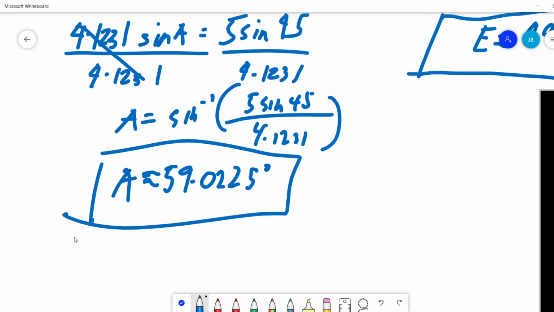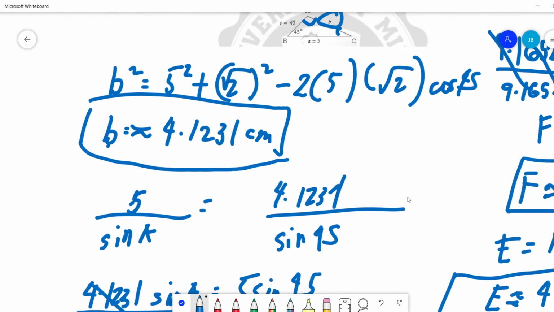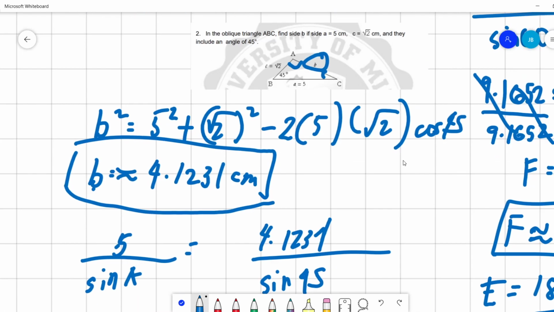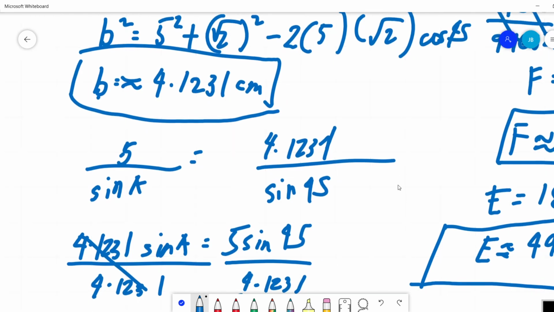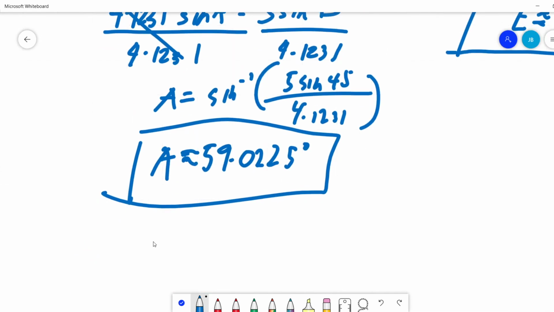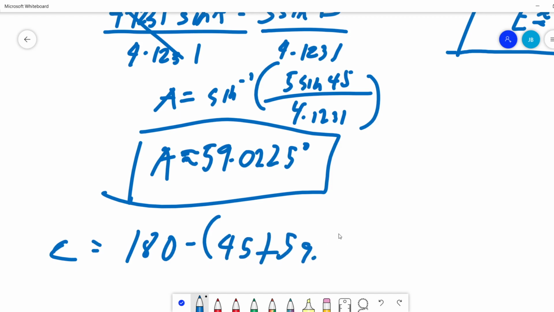So you have angle A and angle C. Angle B is given, so angle C is the missing one. Angle C would be 180 minus 45, which is the angle B, plus angle A, which is 59.0225 degrees.